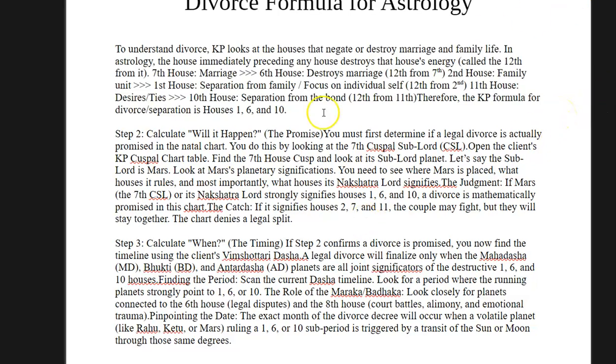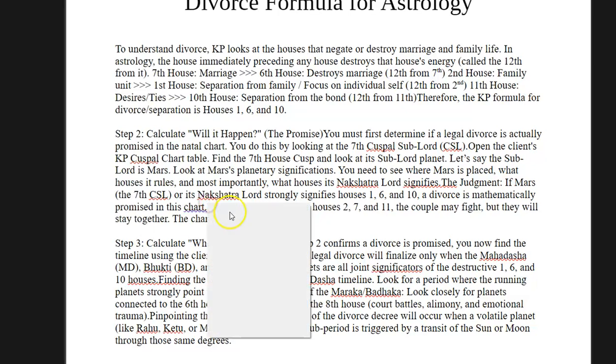We could always reverse engineer later, but anyway, so if a cuspal sublord strongly identifies with or indicates itself with the first, sixth, and 10th houses, divorce could be mathematically promised. That's just how it works.